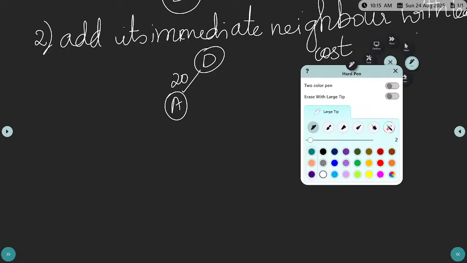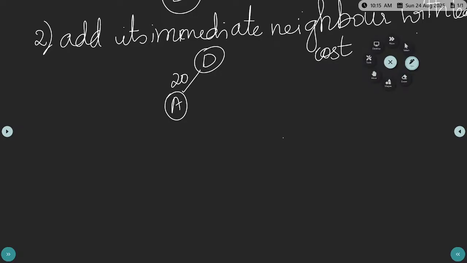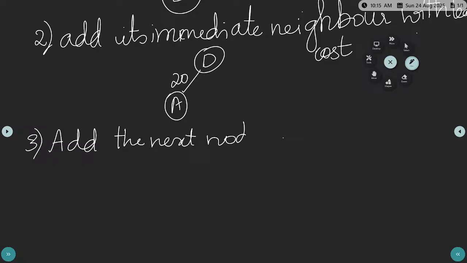Next, write down: add the next node, which is the immediate neighbor.